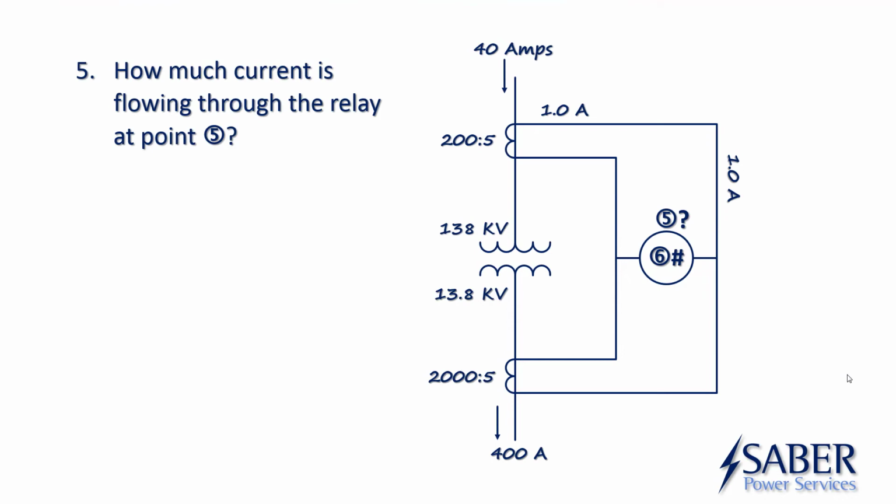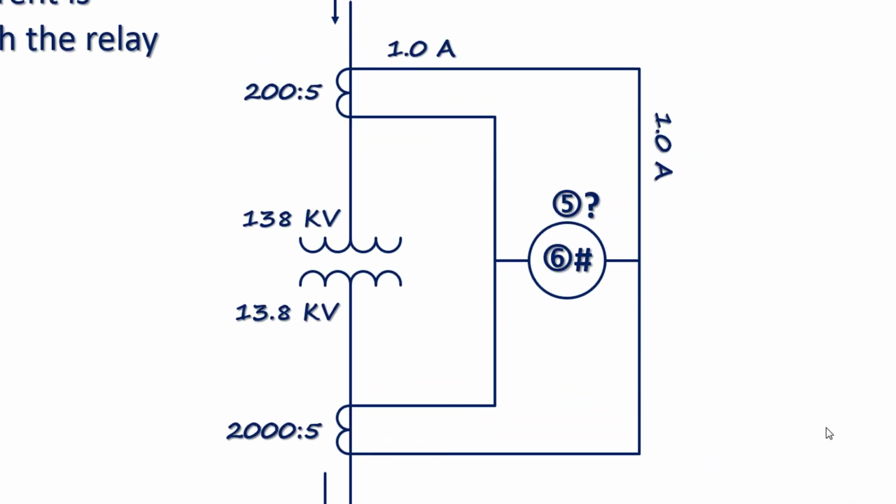Now for number 5, how much current is actually flowing through the relay? It's just fun stuff here. So we know that the top CT has 1 amp in the secondary with a current flowing in that direction. We also know that the bottom set of CTs has 1 amp flowing out of it in that direction. So if 1 amp is leaving the CT, 1 amp must go back to the CT. That makes sense, right?